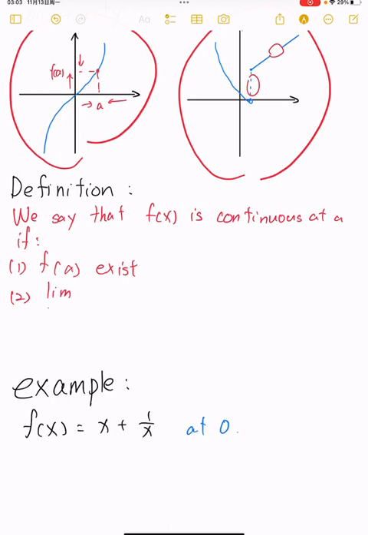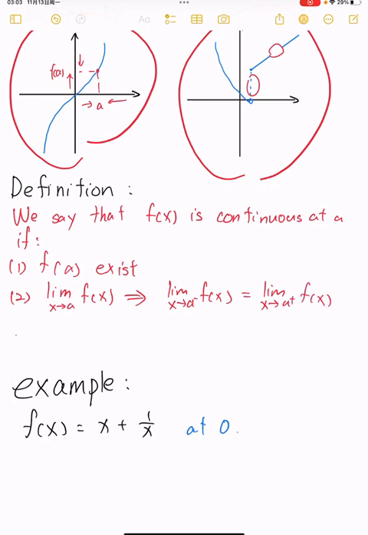Second, the limit of f of x at A exists, which basically is what I just said: when x approaches A from the negative side equals x approaches A from the positive side.